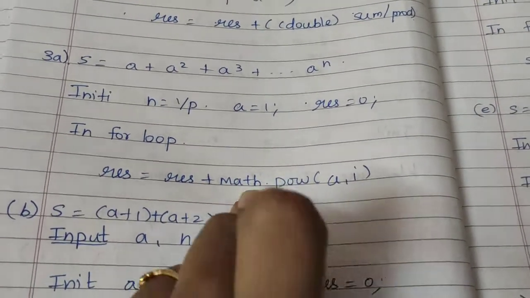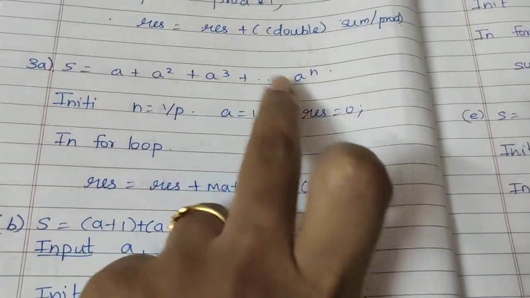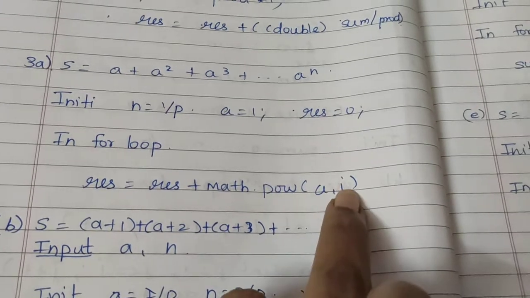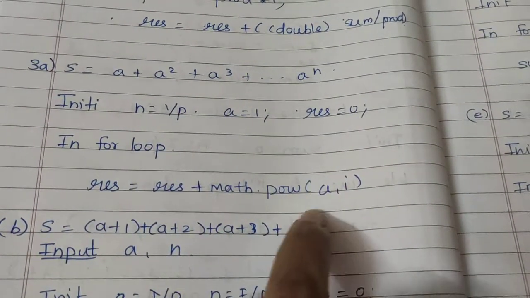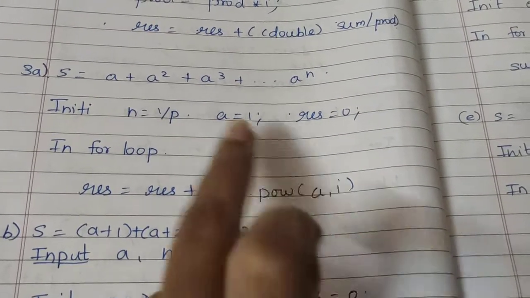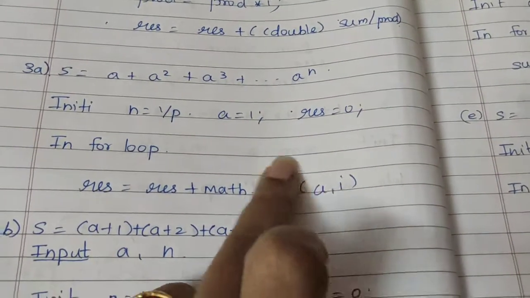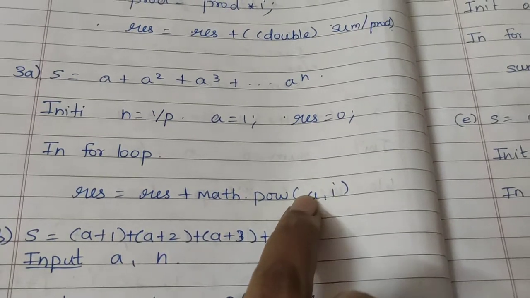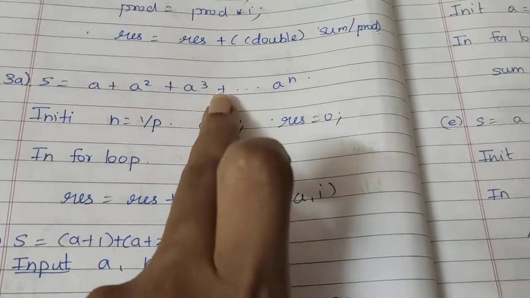Result = result + Math.pow, because the power is going to increase, you give the I. So A power 1 is A, then in the next iteration it will be A power 2, A square, and it keeps increasing. Next iteration A power 3, and A power 4, till the n series.